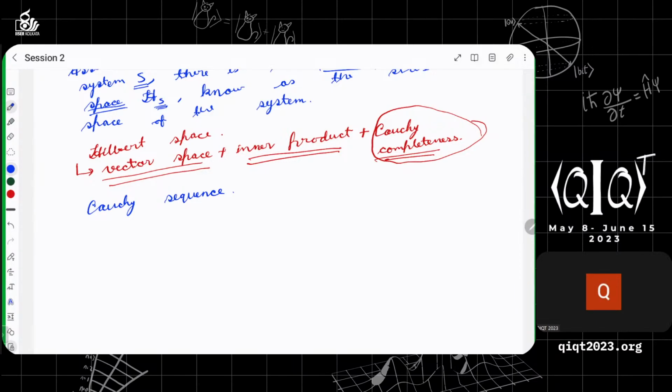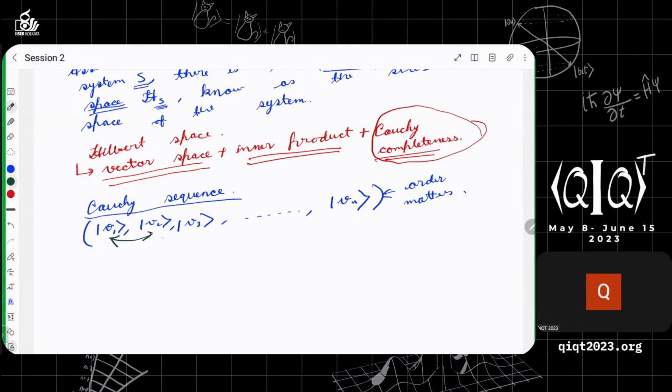A Cauchy sequence is a sequence in a vector space. It's just a sequence of vectors, let's say v1, v2, v3, and so on up to vn. It's a sequence, so the order matters. It's not a set. A Cauchy sequence is a sequence like this where the distance between the elements keeps on decreasing.